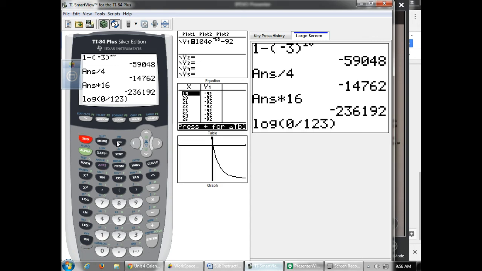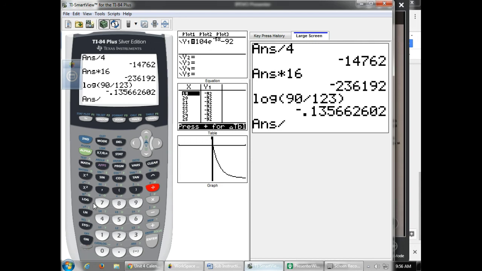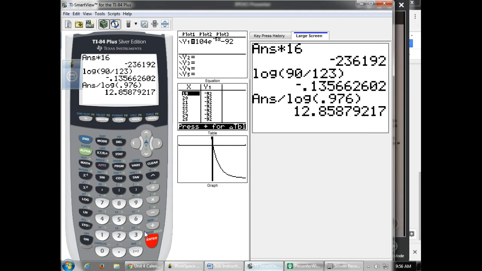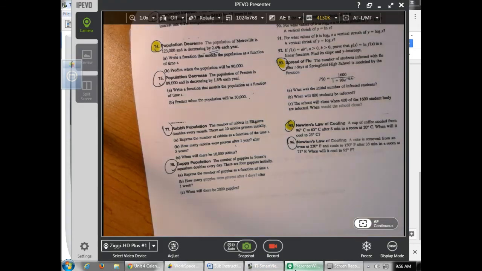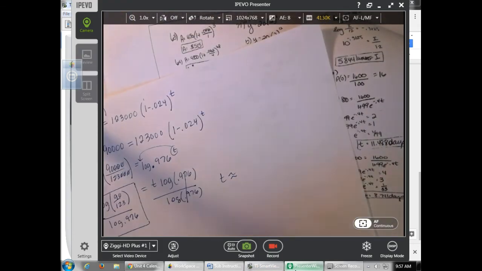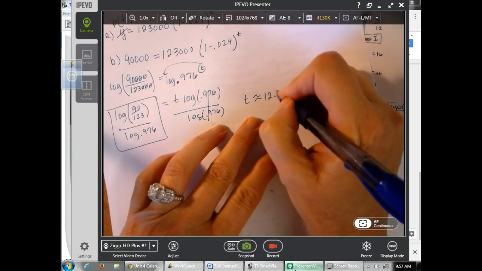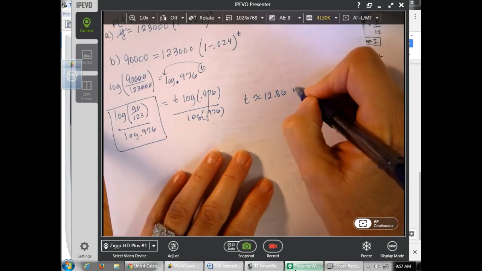Do second, delete, and then you can stick in the 9 and you don't have to do it all over. You get that value and divide by log of 0.976, and you get time of 12.86. So it's going to be approximately 12.86 is going to be the answer there. And it was in years.